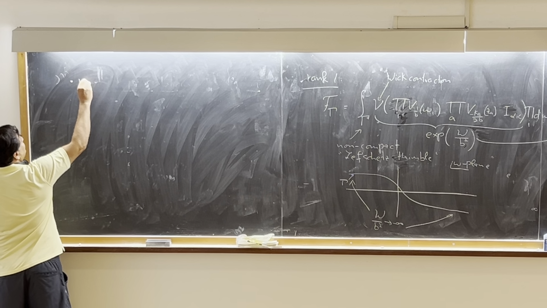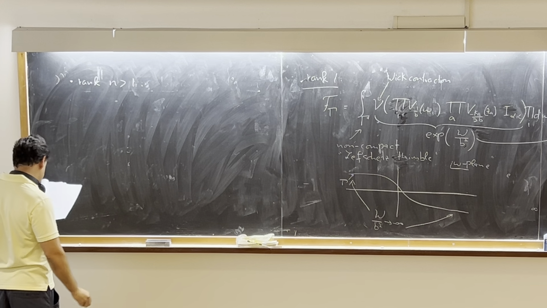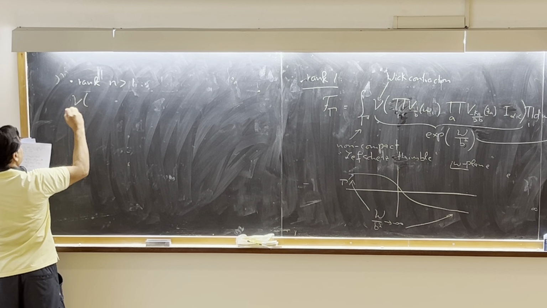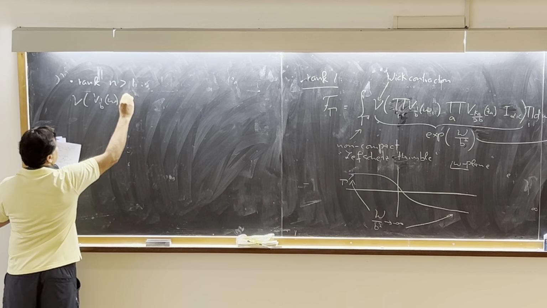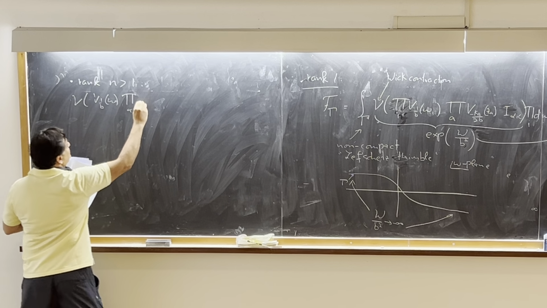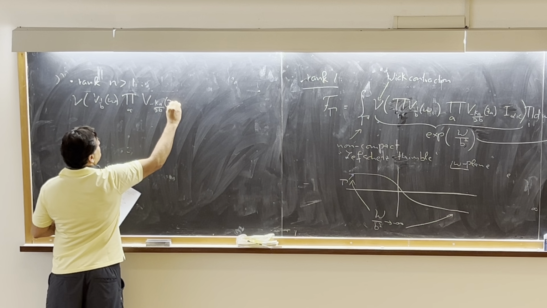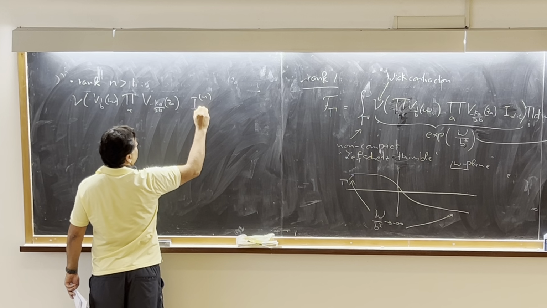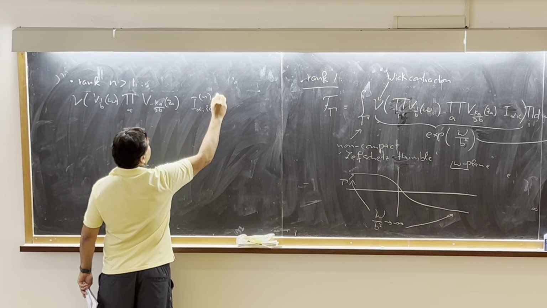So if we do rank n greater than 1, then the whole thing looks as follows. You have this integrand, which is 1 over b w, because I have now just one screening charge, and A, and I have the irregular higher order operator here at infinity.